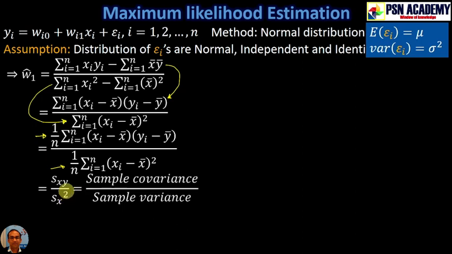And this gives you sample covariance on the upper part, because you can see xi minus x bar, yi minus y bar, and the product term is divided by n, so it will give you sample covariance, and the square deviations from the mean, when you take the mean, then it will give you a sample variance. So finally, we got W0 hat is y bar minus W1 hat x bar, and W1 hat is giving you sxy by sx squared.